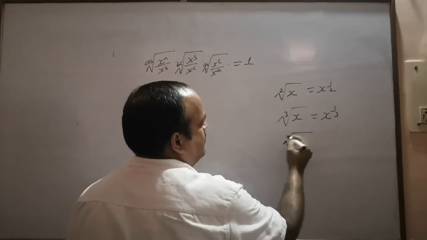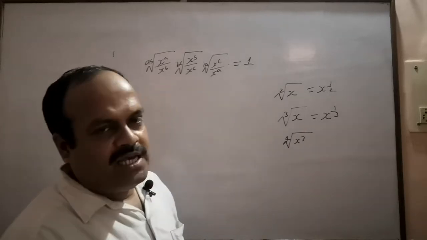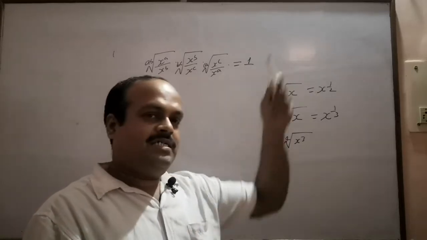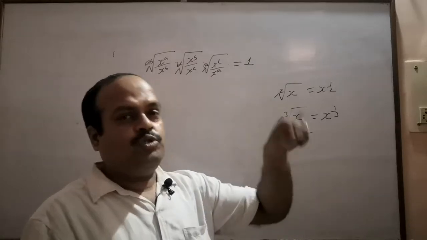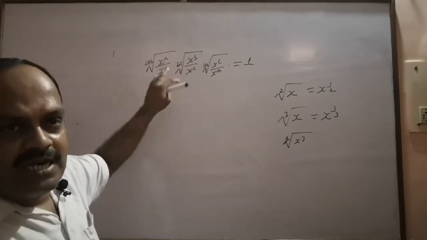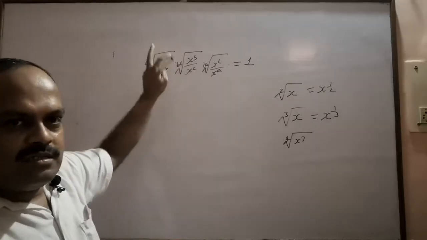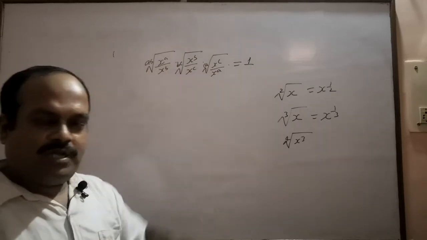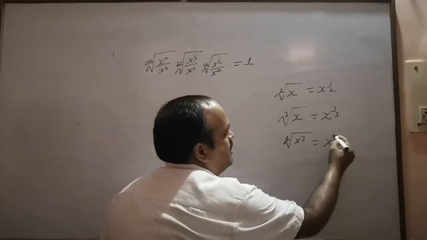So if we have, here the base is x cube and that base has index 1 by 4. So this can be written as x cube to the power 1 by 4. So let's use the same concept here and write each of these three in exponential form using the concept I gave you here.